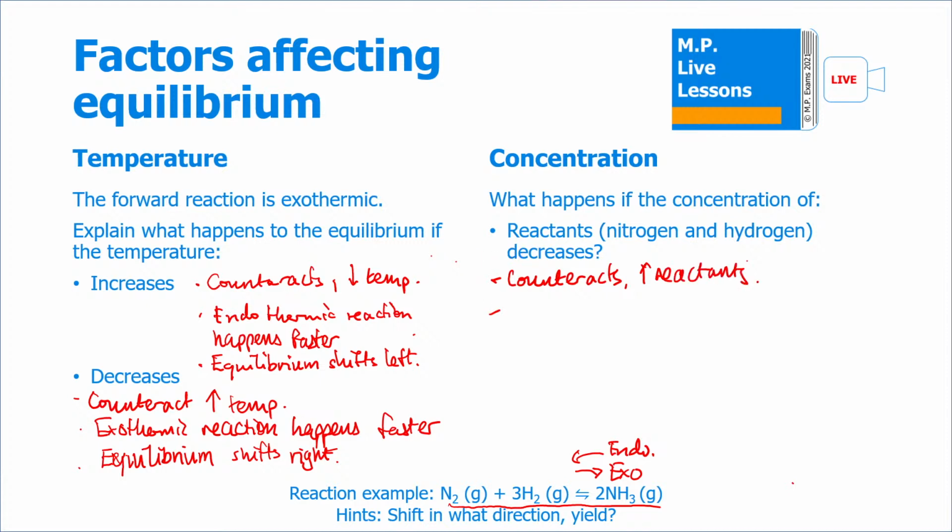This is done by producing more reactants, so more of these products on the right here go back into their reactants.